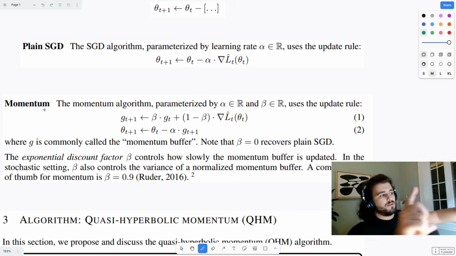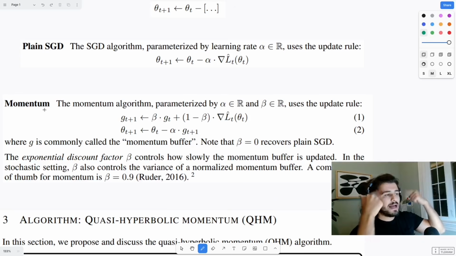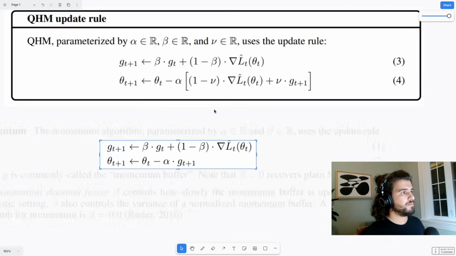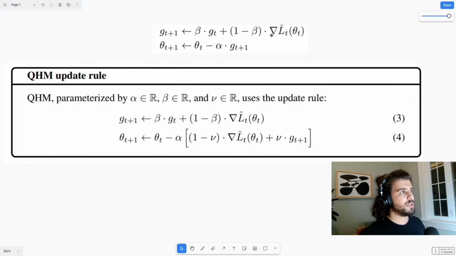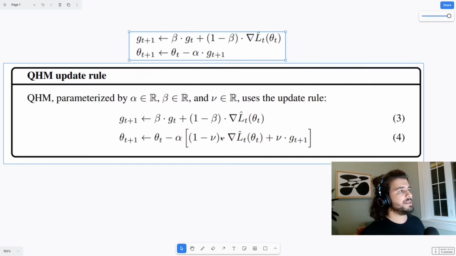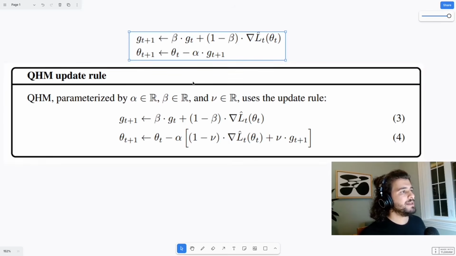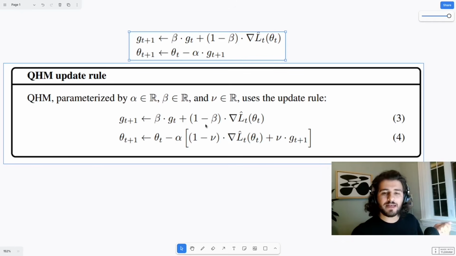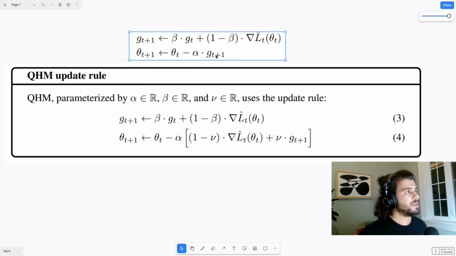Okay, so now you take a good snapshot of this, right? Because it will have the same form with QH momentum. So we have the two together. This was the stuff prior, and this is now QHAdam, right? Let's just take a look at it. If I had them on paper, I would take a look at them one after the other.